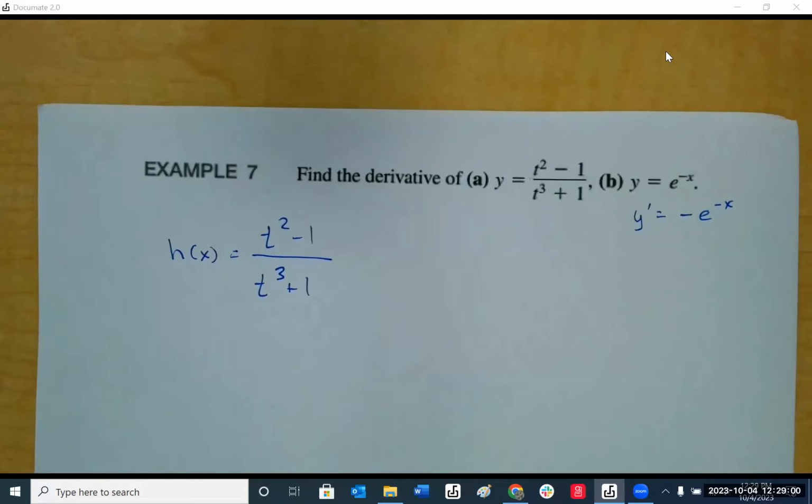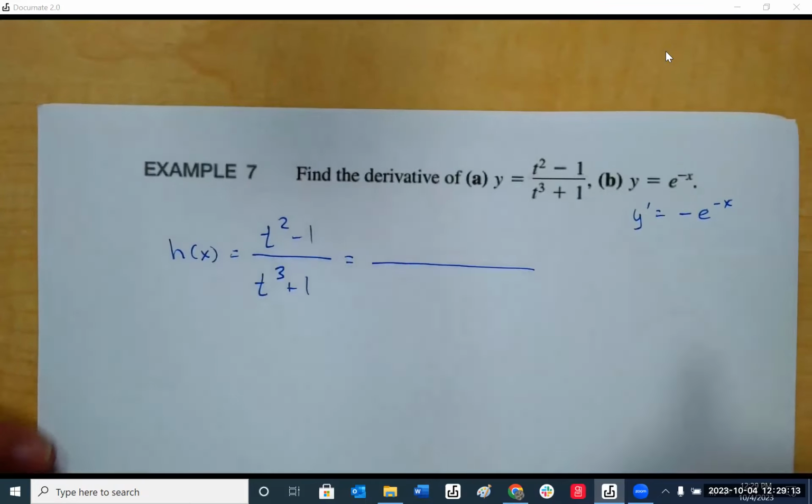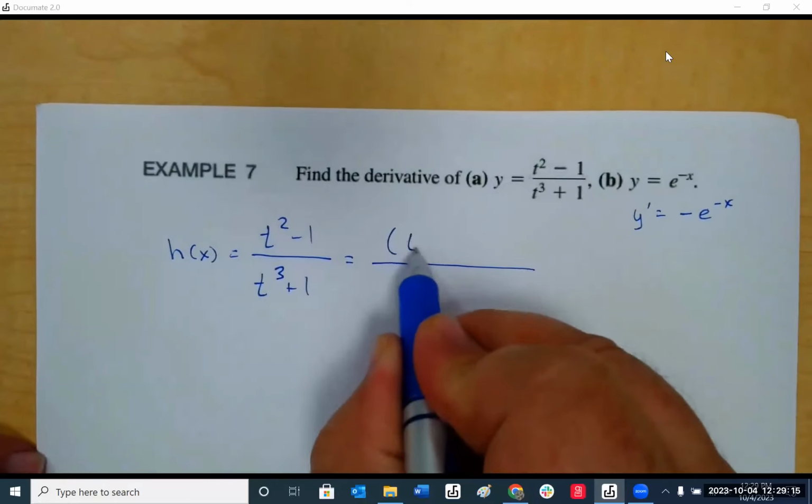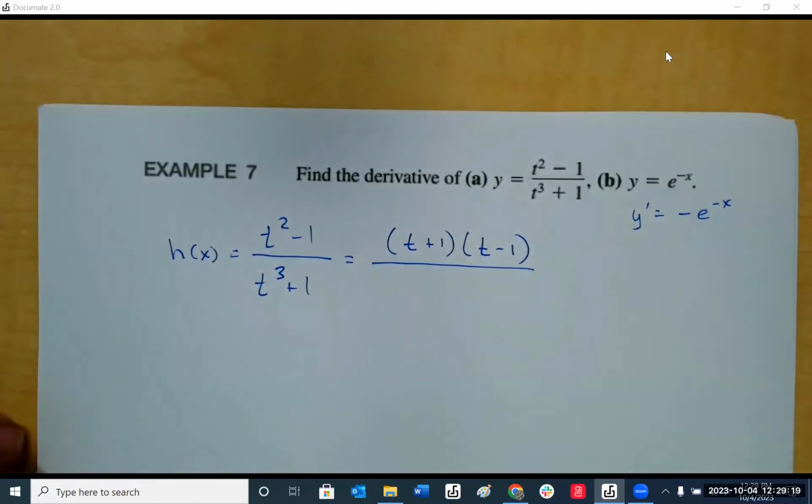Actually, well, okay, this one here is thinking about simplification first. The top is the difference of two squares, so it's t plus 1, t minus 1.